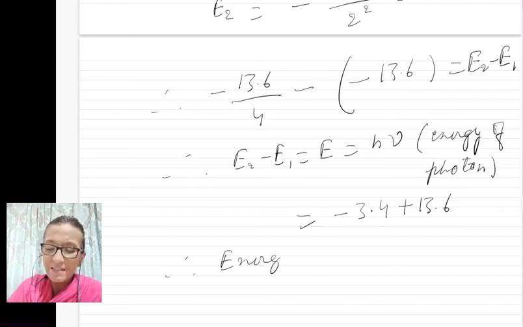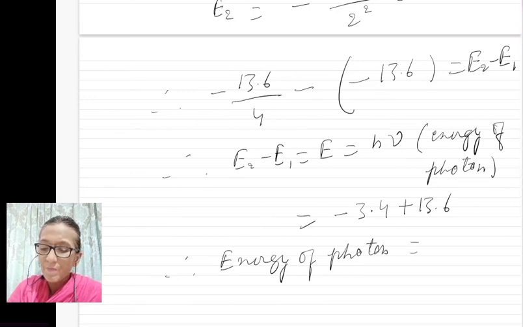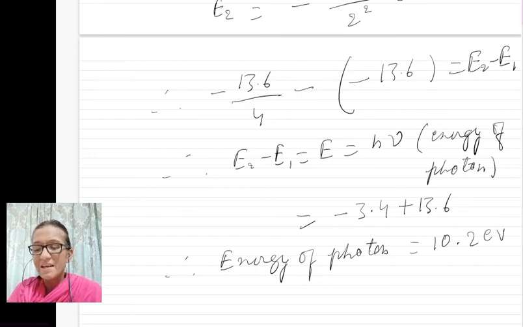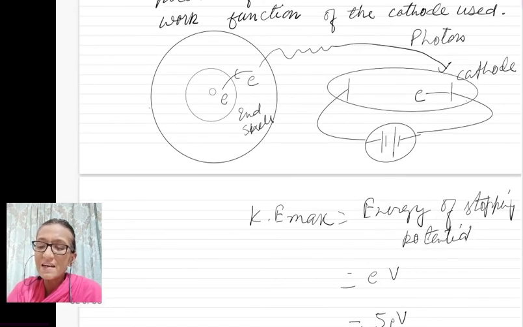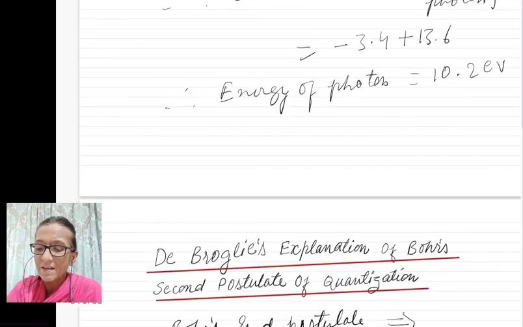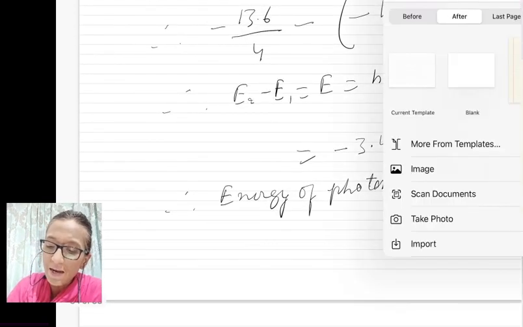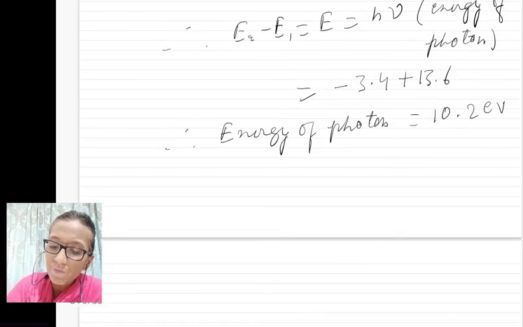So therefore the energy of the photon is equal to 10.2 electron volt. This energy will be in electron volt. This much energy is given here, and a part of it will be utilized in the work function, in taking the electron out of the metal plate. This is your main energy.